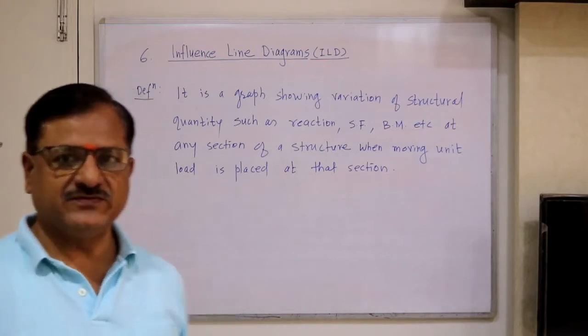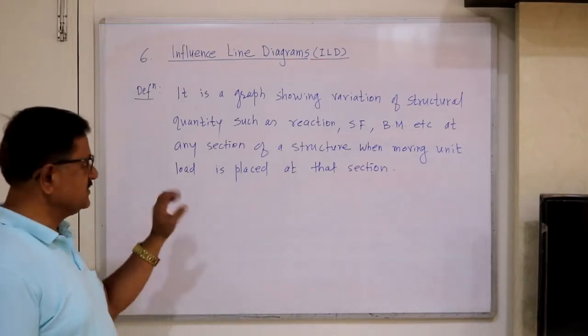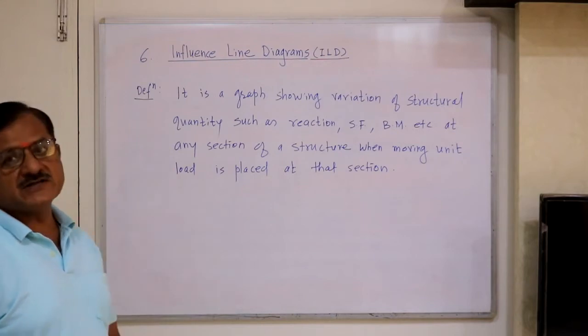So it's a graph only which shows the variation of structural quantity, and it is called influence line diagram.